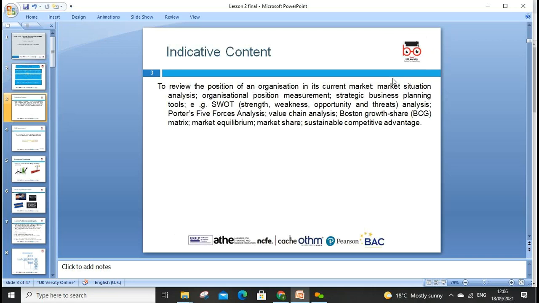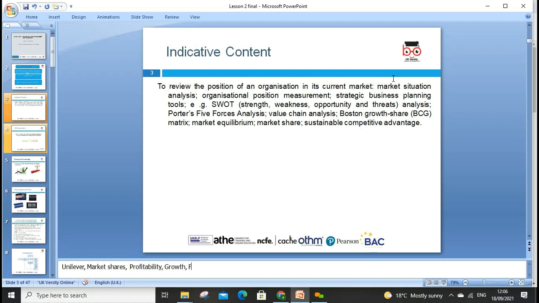Today's lesson indicative content, what we are supposed to learn under this learning outcome 2, is to review the position of an organization in its current market. We can pick any organization. Think about Unilever: first, their market share, how much they have, their profitability, how much profit they have.